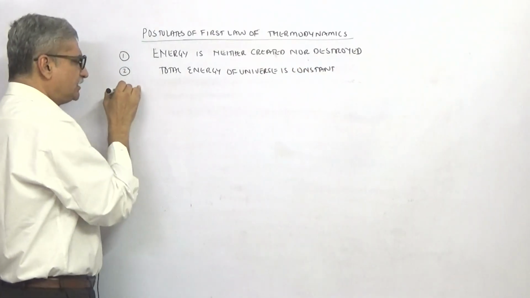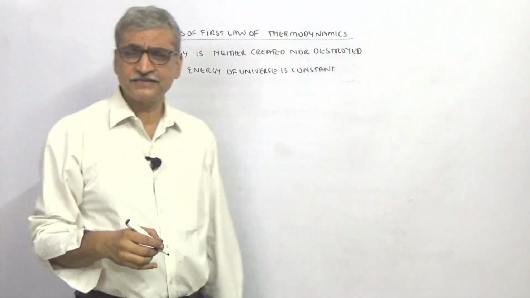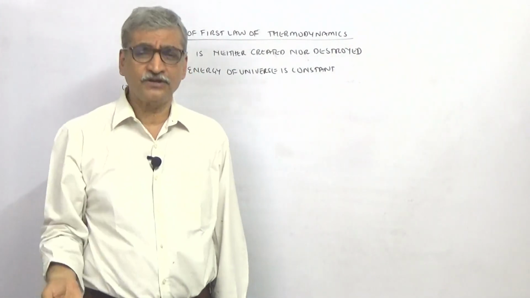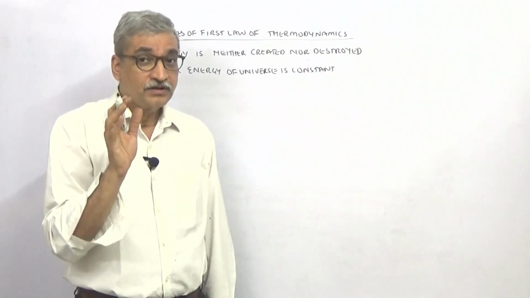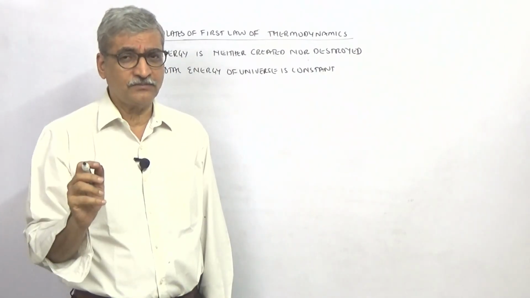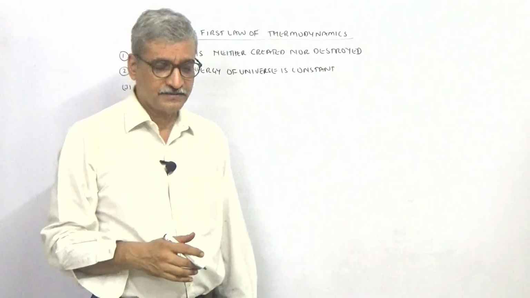Okay. Then the third point, if energy of one form is consumed, it gives energy of another form, which is not true. So what is the drawback of first law of thermodynamics? That we are going to come as corollary. It is clear.